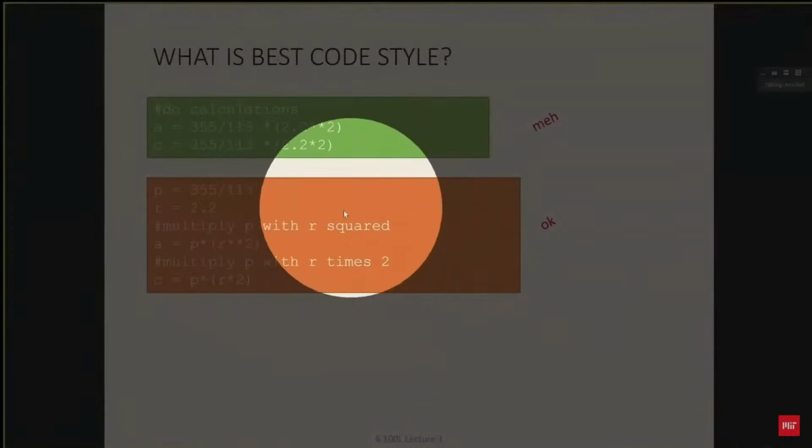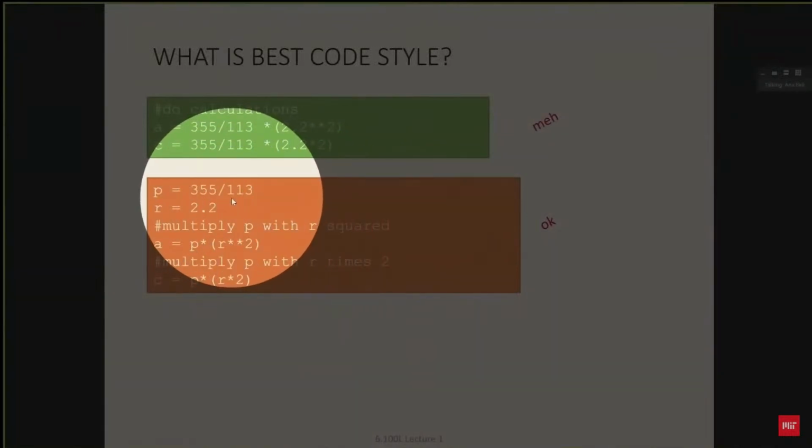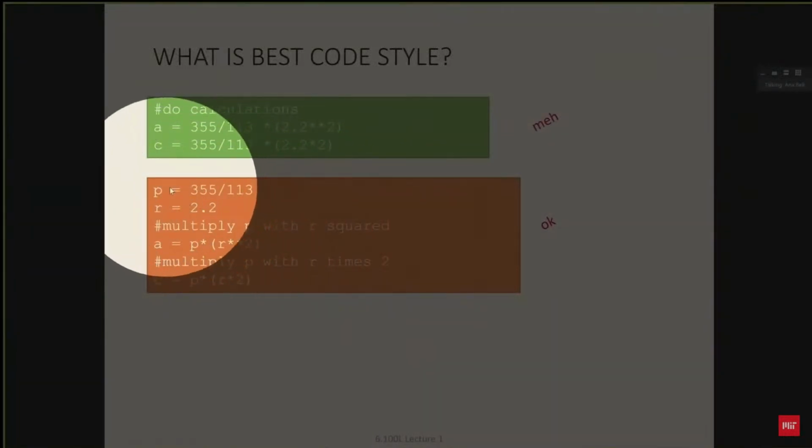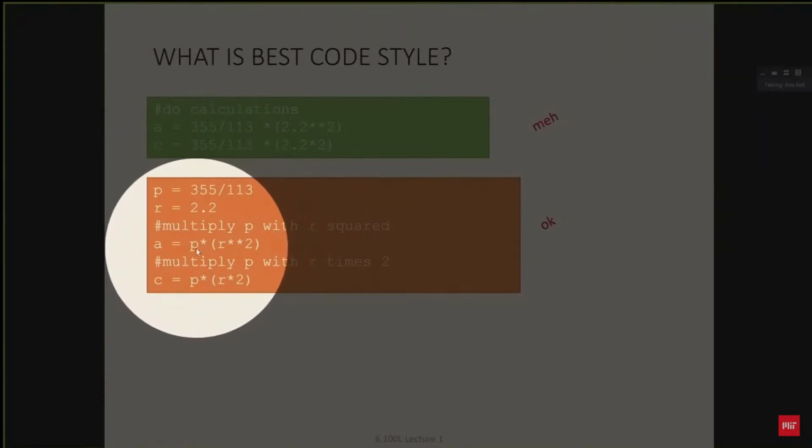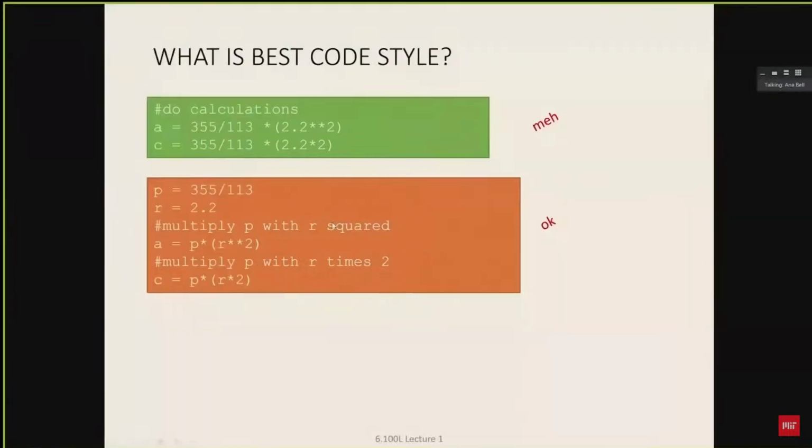I've recognized that 355 over 113 is being used twice, so I'm saving it as a variable. But my variables are still single characters, and my comments are pretty bad. I'm basically saying what the code is doing. Please don't do that. We can see that A equals P times R, right? I see that I'm multiplying P with R squared.